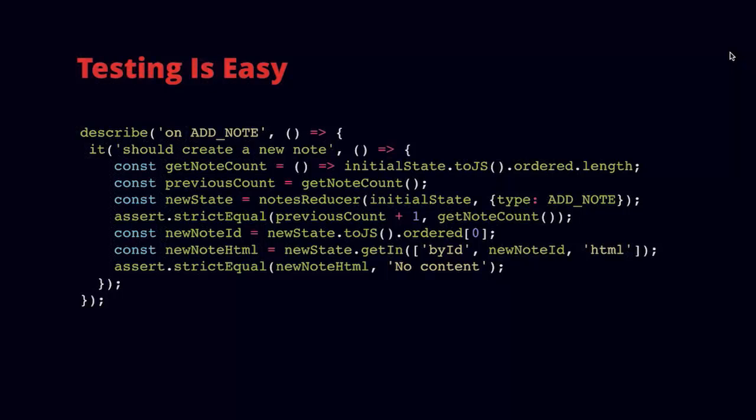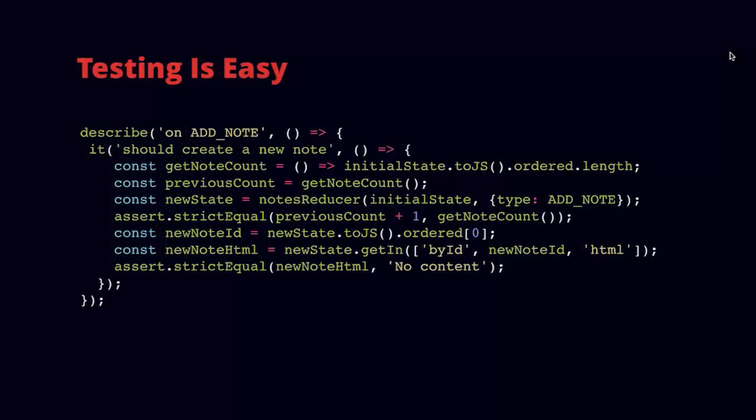In this case, we're going to check the number of nodes. We then take the initial state, dispatch an action through it, and we get a new state, and we can then do a comparison.